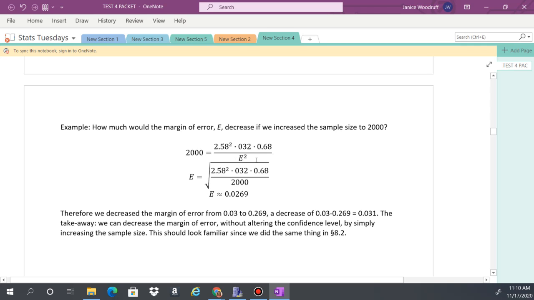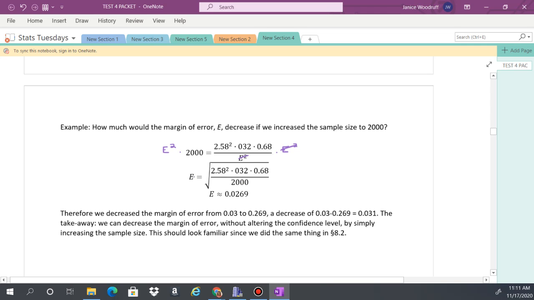If I change the sample size to 2,000, then I would multiply both sides by e squared. That would cancel out the e here. Then I would divide by 2,000. That's why you're seeing this divided by 2,000 here. And then that gives me e squared equals all of this divided by 2,000. So then to get rid of the squared, I do the square root.